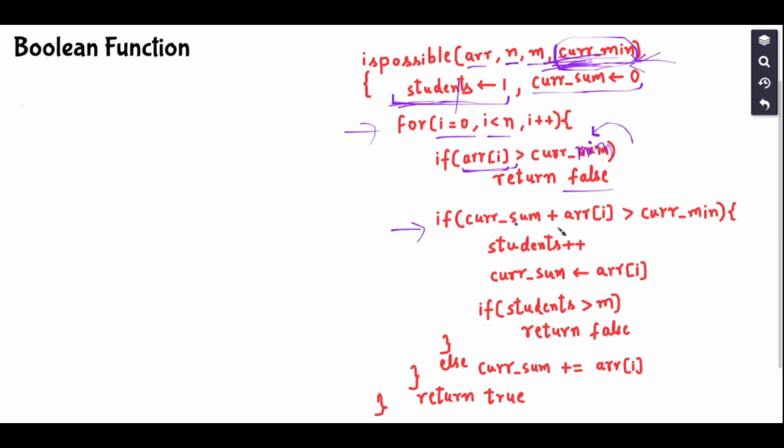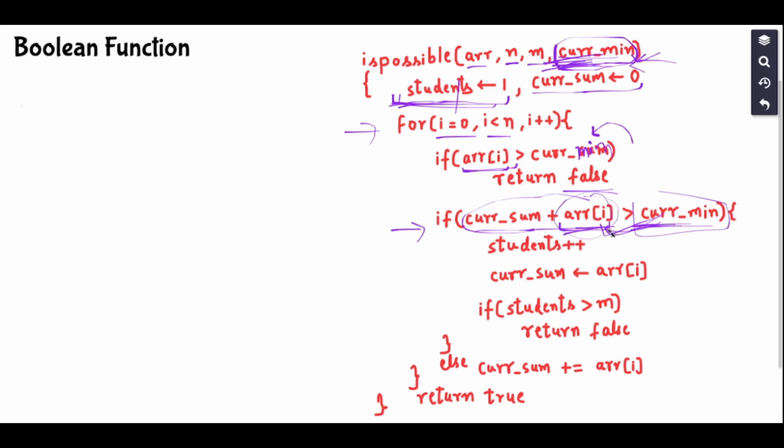Otherwise we check if adding the current number of pages to the sum we already have for the current student exceeds the current min or not. That means if it is possible to allocate these pages to the current student such that it does not cross this min. Here it is crossing. So if it is crossing, then we can't allocate these extra pages to the current student.